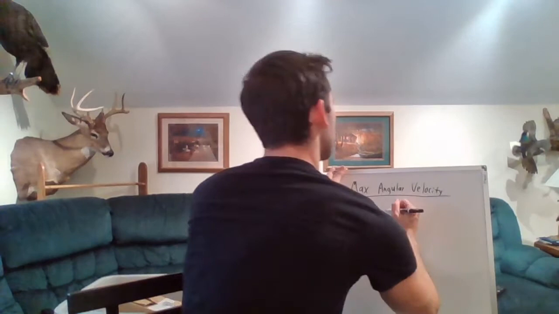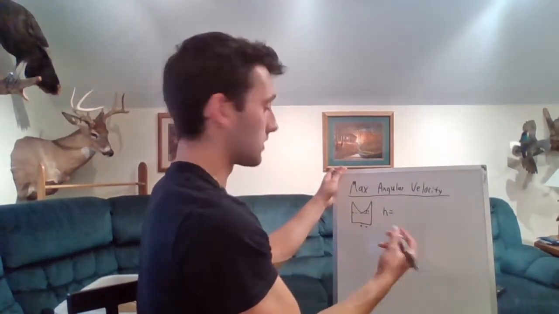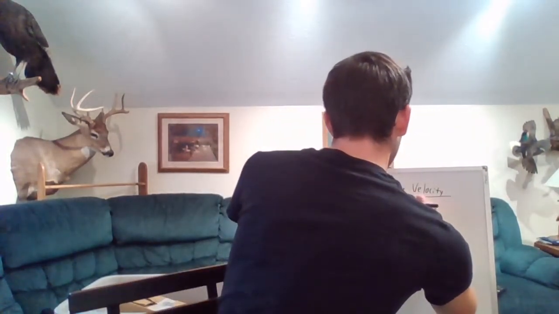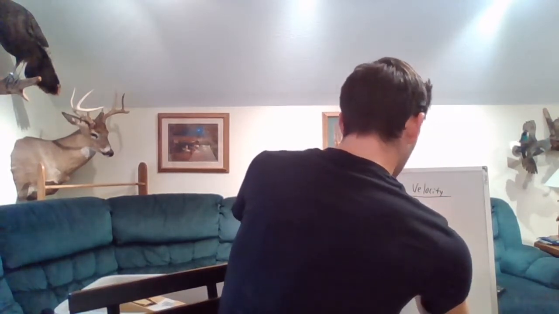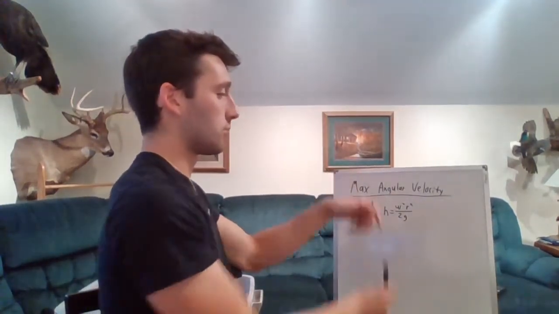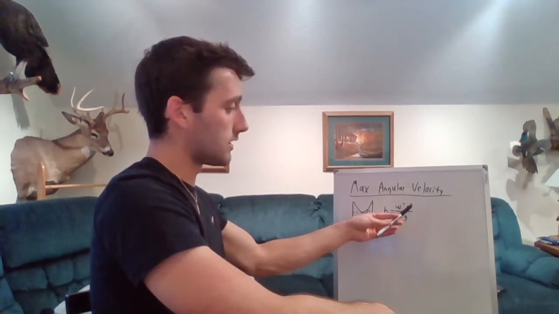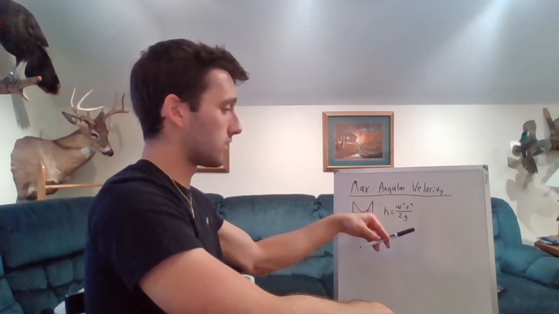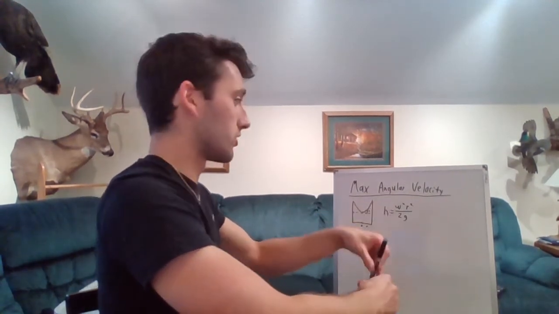So now what we want is what h equals, which is this height at some radial point. What we end up getting for that is angular velocity squared times r squared over 2g, in which this is angular velocity squared again, r is some radial point squared, and 2g, where g is gravity and the 2 is the number 2.